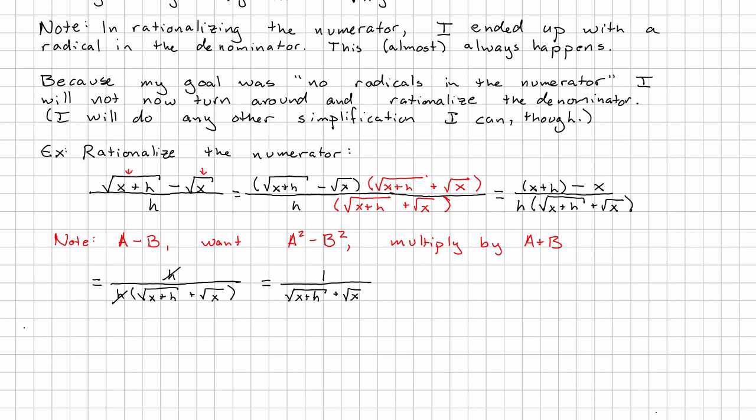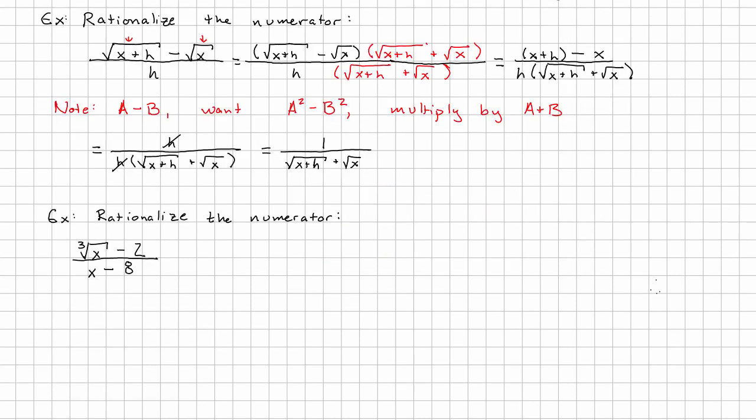Okay, let me give you one to try. Rationalize the numerator in this expression. Pause the video and try this now. Okay, so we have addition in our numerator, and this term at least we want to cube.